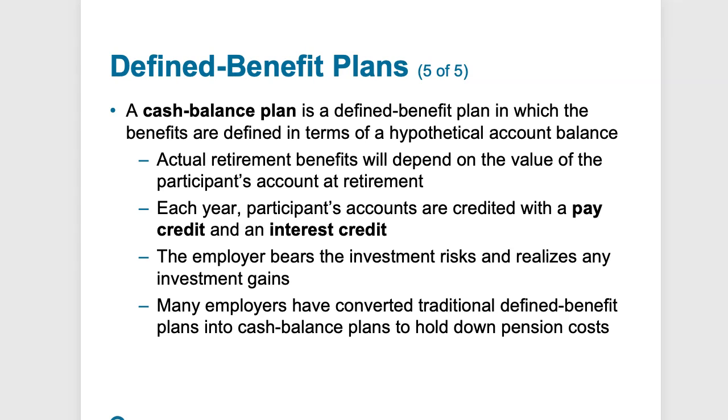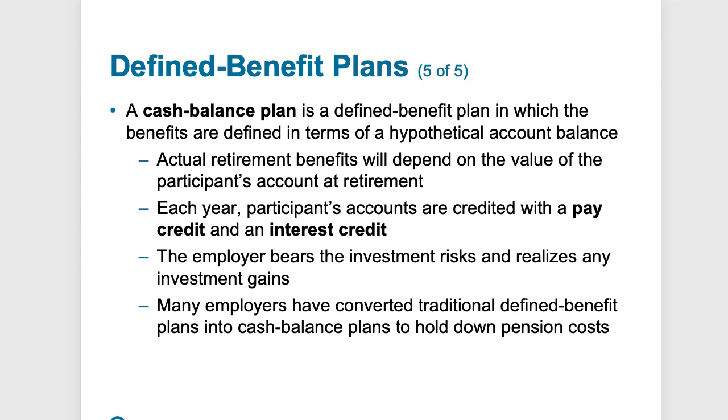The cash balance plan is another defined benefit plan, which means they're going to define what your pension payouts are going to be. Now, the benefit in a cash balance plan is going to be in terms of a guaranteed fund balance at retirement rather than a pension. So it's going to guarantee the amount of money that you're going to have, in total dollars, upon retirement.